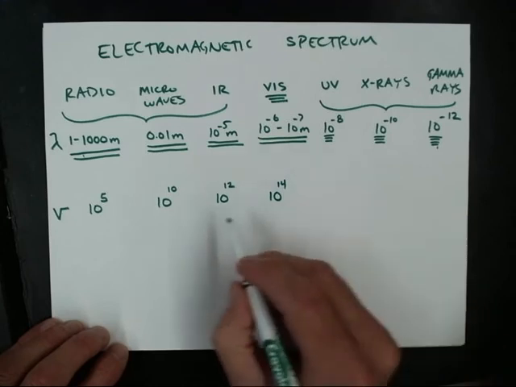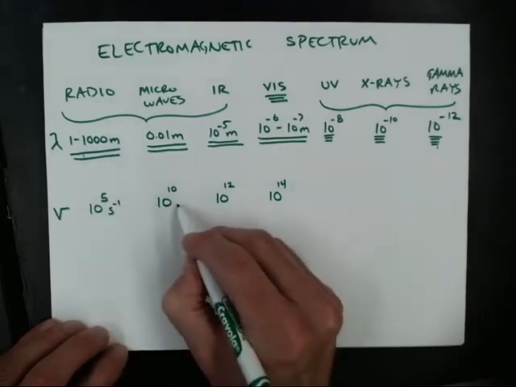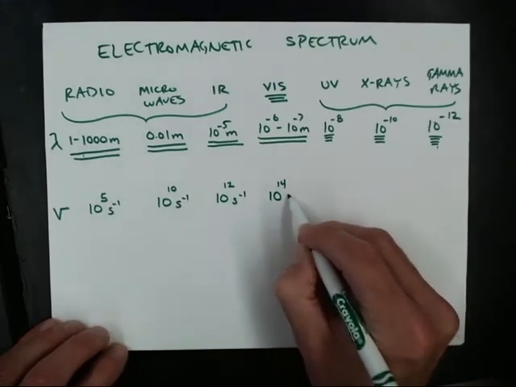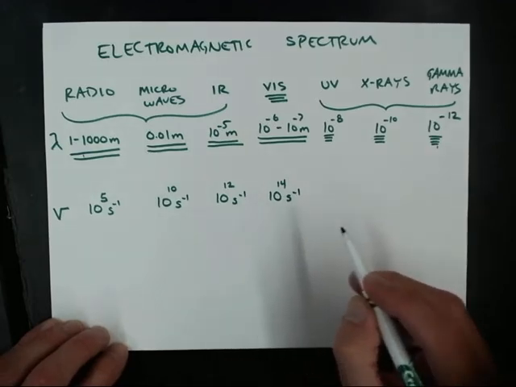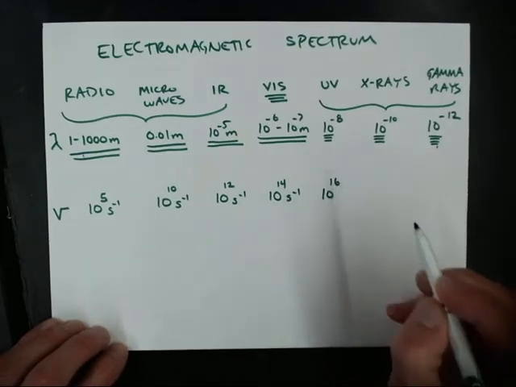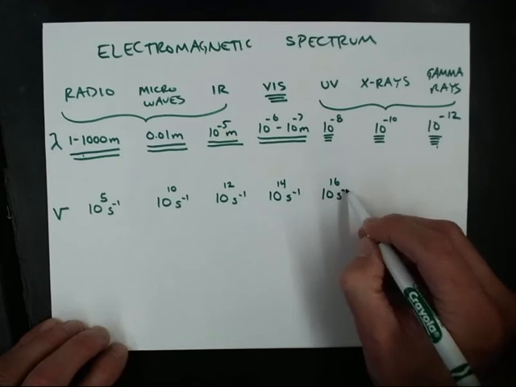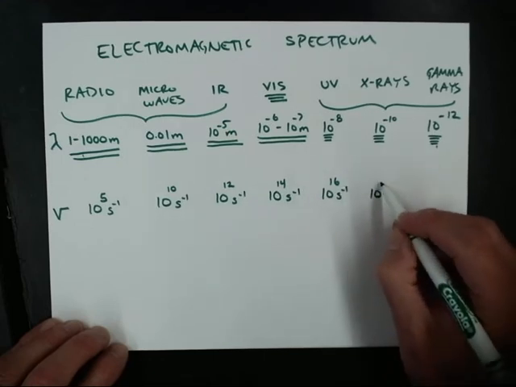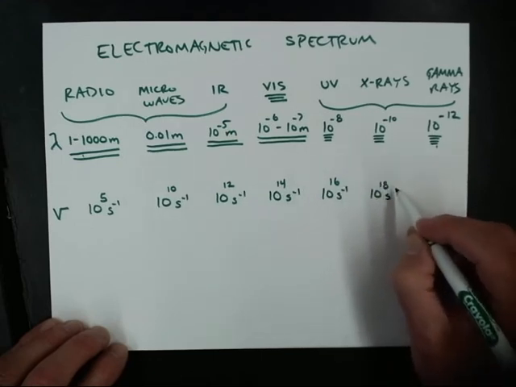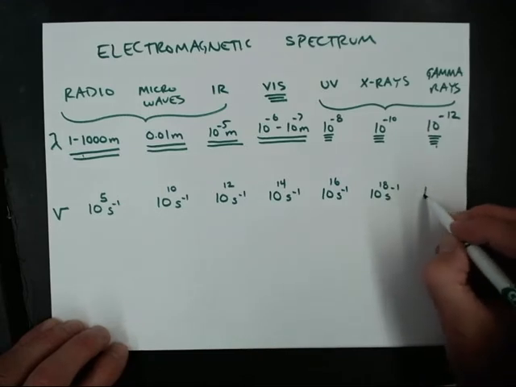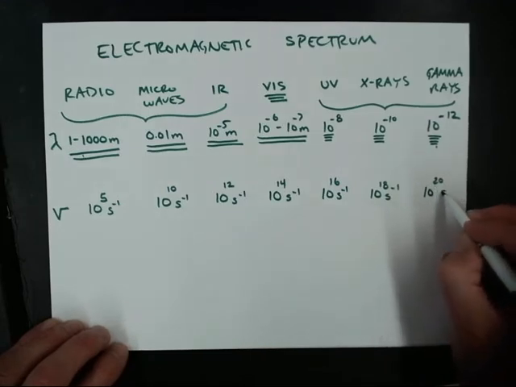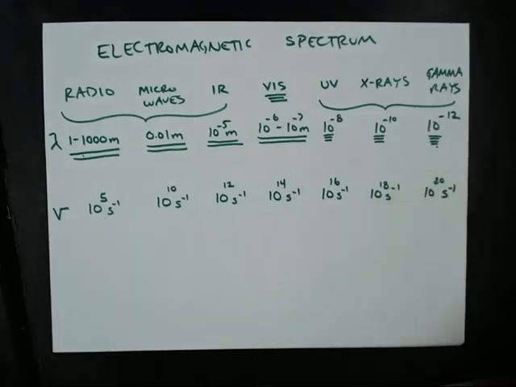Visible light's 10 to the 14th. These are all in units of hertz, by the way. So these are vibrations per second. Ultraviolet light about 10 to the 16th hertz. X-rays 10 to the 18th hertz. And gamma rays 10 to the 20th hertz.